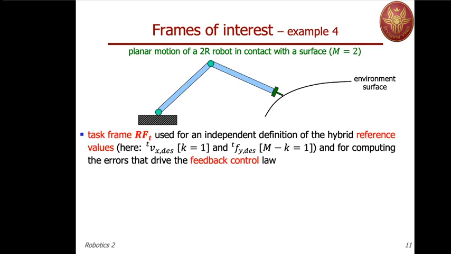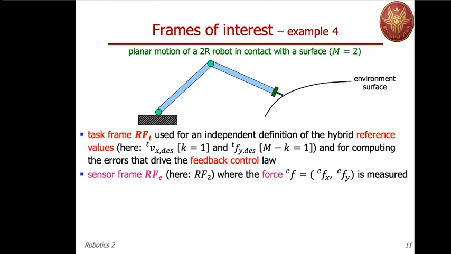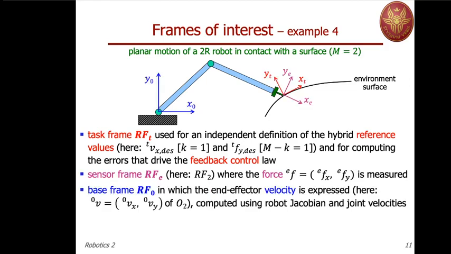So first of all, the task frame. The task frame is the red one with one axis aligned with the tangent, and another axis along the normal to the surface.